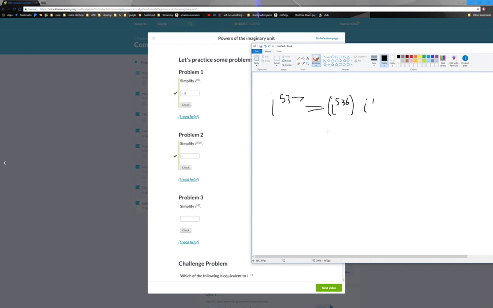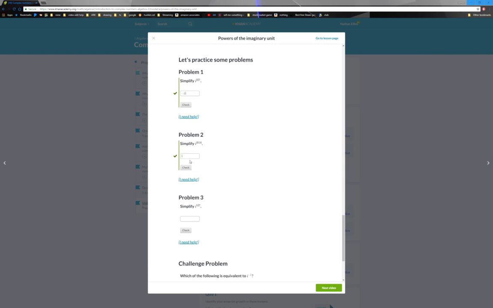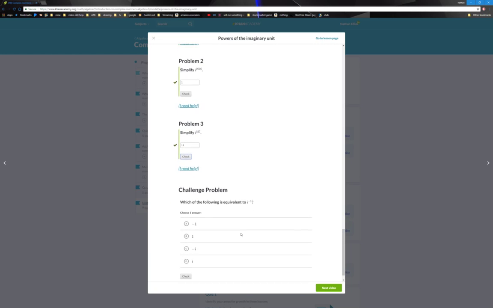We know that 536 is divisible by 4, so that simplifies down to 1 times i to the first. Well, i to the first is just i. So we have i as our answer. Here we go. i. Check. And we got it right.